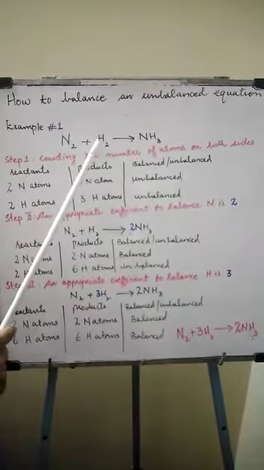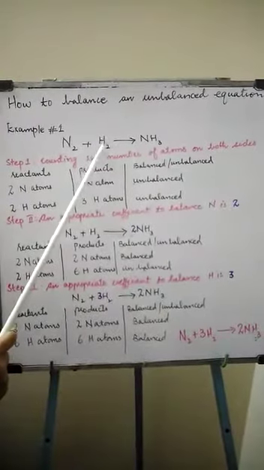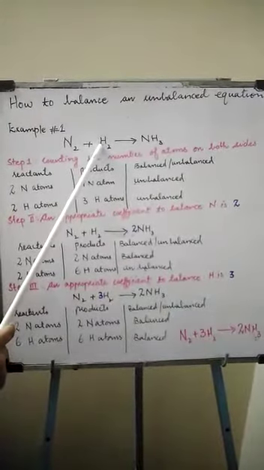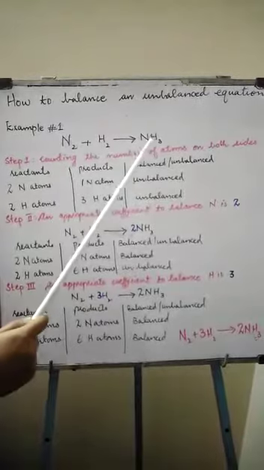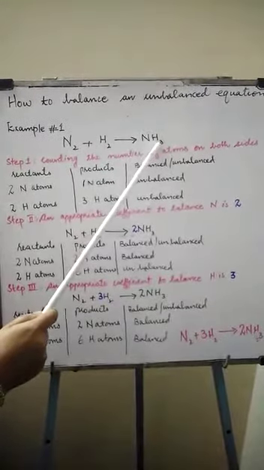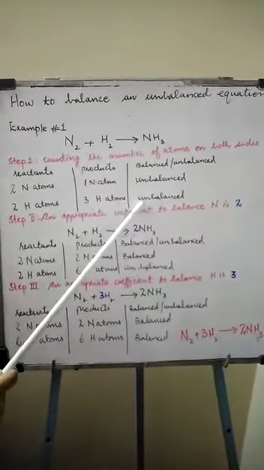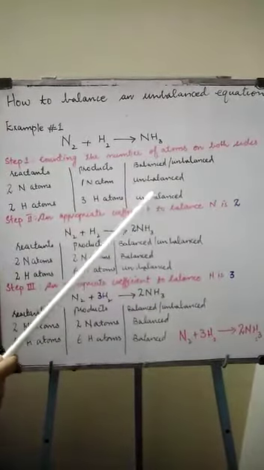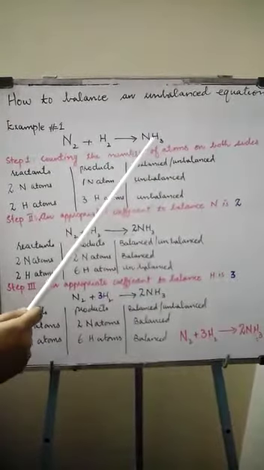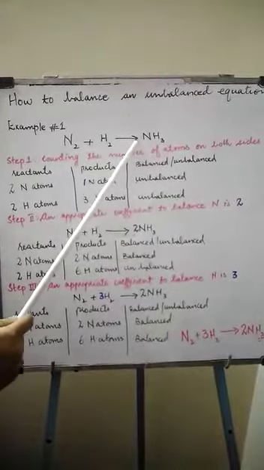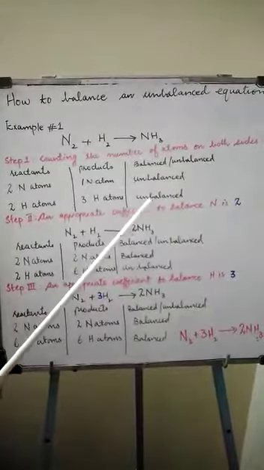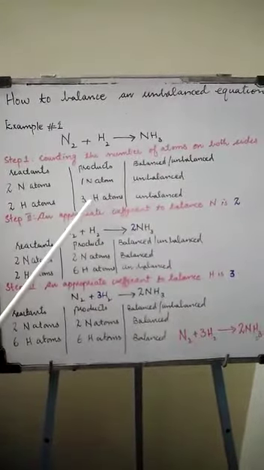Then the next element is hydrogen. Two atoms of hydrogen are on the reactant side, but on the product side there are three hydrogen atoms. It is also unbalanced. If this kind of situation is there in a chemical equation, we will use a coefficient to balance that chemical equation.